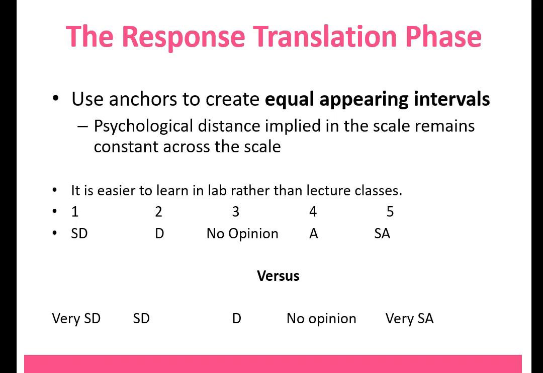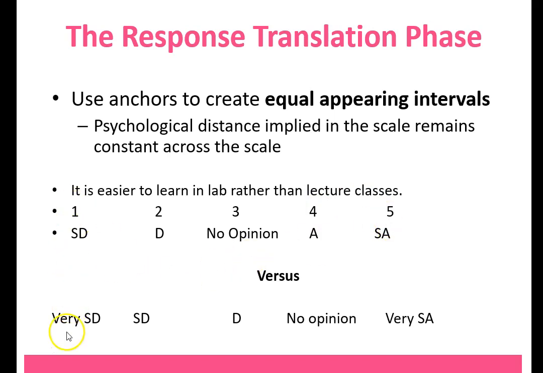Also, you want to create equal appearing intervals between points on your scale. So, it's easier to learn in lab rather than lecture classes. And if I have 1 being strongly disagree, 2 is disagree, 3 is no opinion, 4 is agree, and 5 is strongly agree, it appears we have equal intervals between these points on our scale.